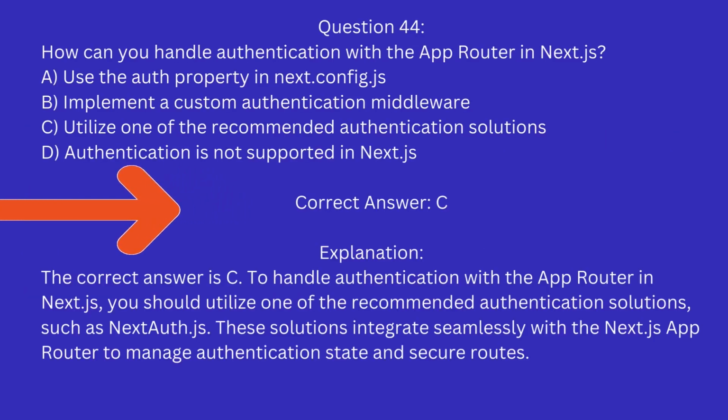Correct answer, C. Explanation. The correct answer is C. To handle authentication with the app router in Next.js, you should utilize one of the recommended authentication solutions, such as NextAuth.js. These solutions integrate seamlessly with the Next.js app router to manage authentication state and secure routes.